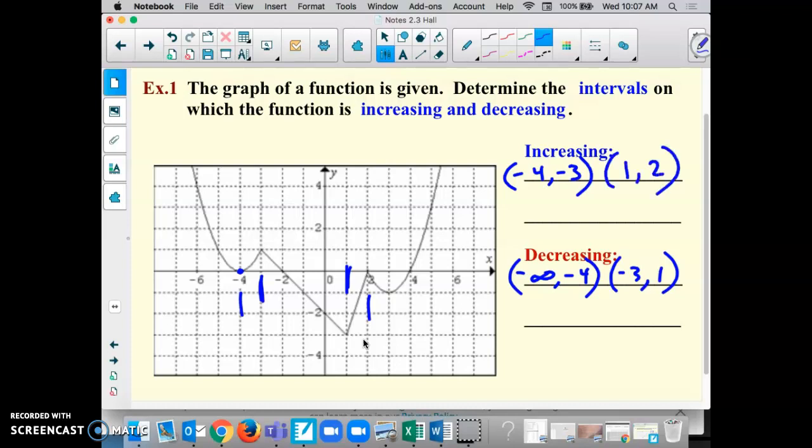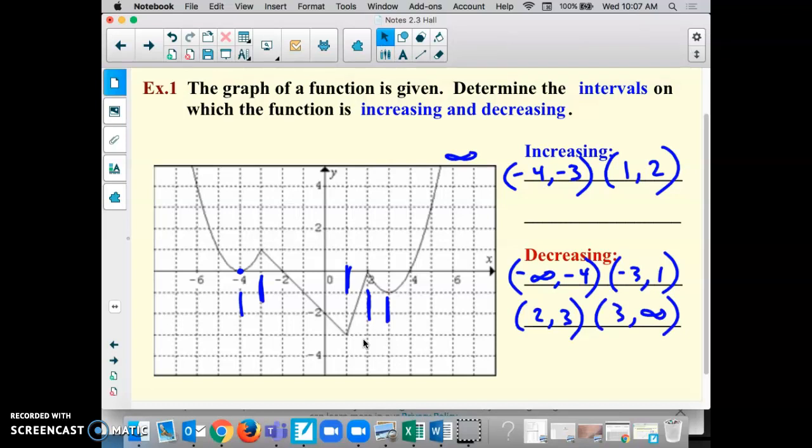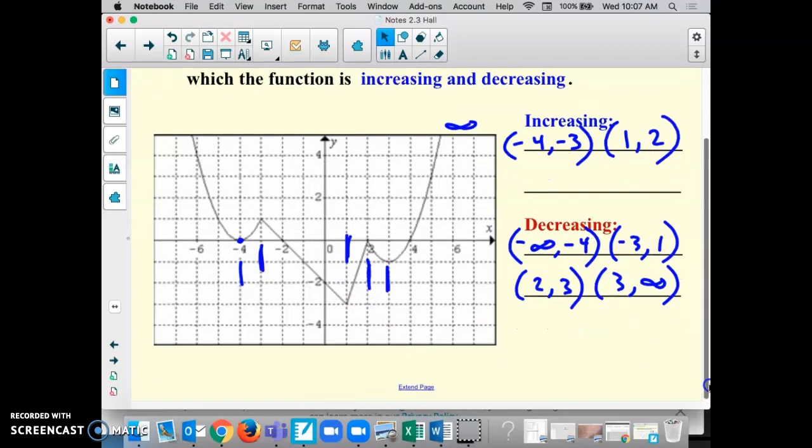And a little decrease here from 2 to 3, 2, 3. And then from 3 to infinity, it is increasing. So 3 to +infinity with a parenthesis. All right, so increasing and decreasing intervals always have parentheses.